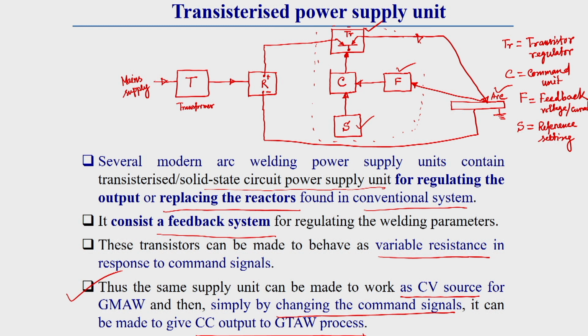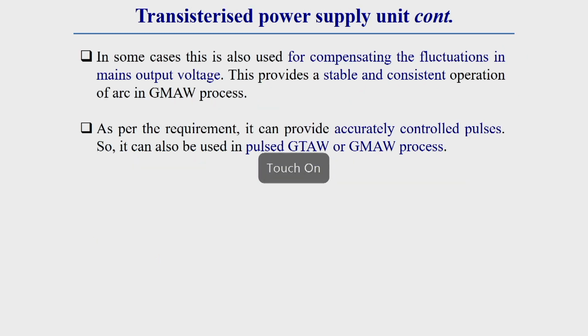So, it can be made to give CC output, or constant current characteristic output, to the GTAW process, meaning the gas tungsten arc welding process. Apart from this, in some cases this transistor power supply unit can also reduce the fluctuation in main output voltage.